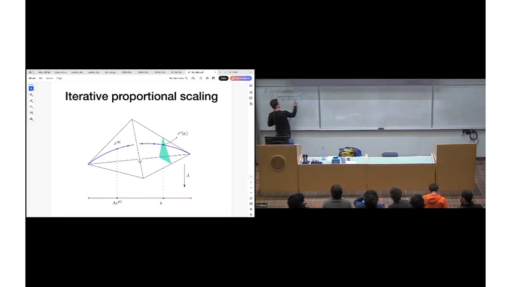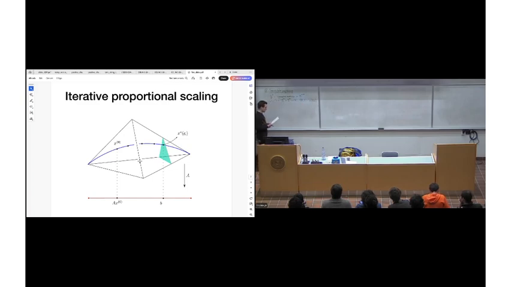So the inner product between A and X is the trace of A times X. Usually you would write A times X transpose, but the matrices are symmetric, so that doesn't matter. You can think of this as the usual inner product on R to the n squared.